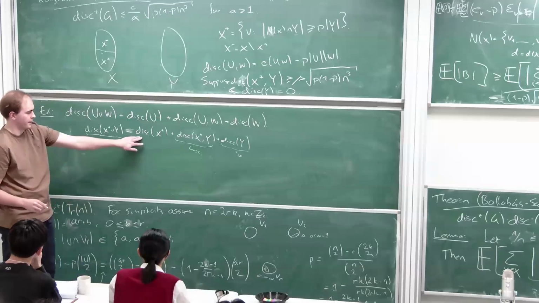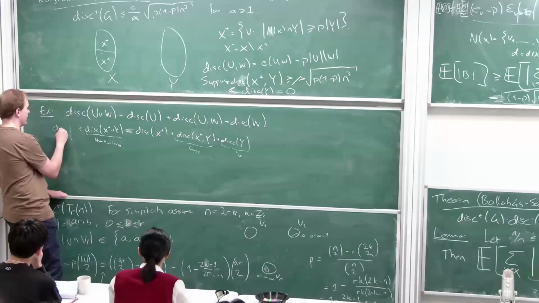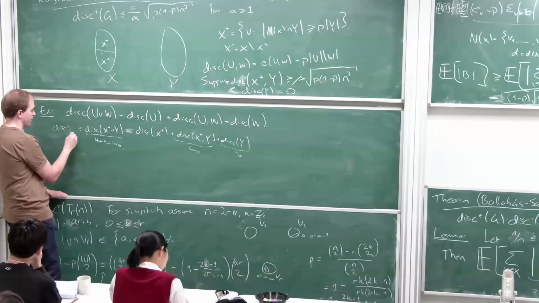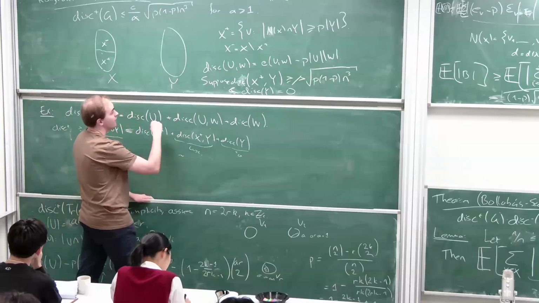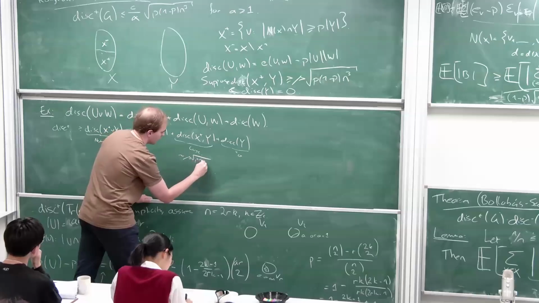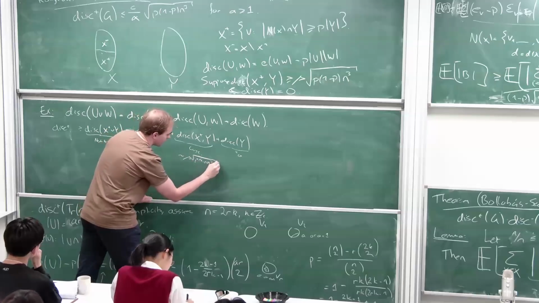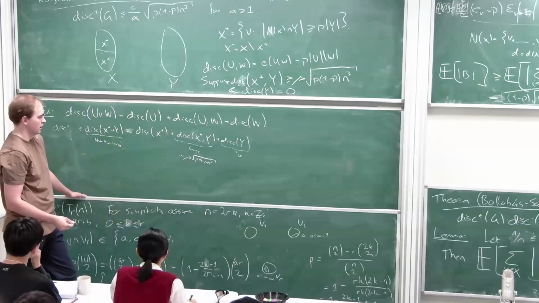So we see that this is bounded by the positive discrepancy, and this is of the order beta times p minus 1 and 3, where beta is the constant given by this lemma.